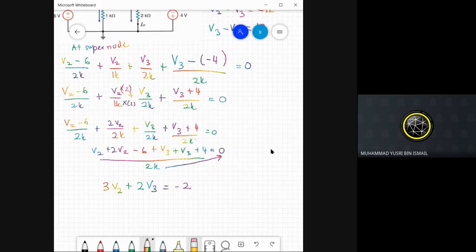Okay, now you have an equation consisting of V2 and V3.